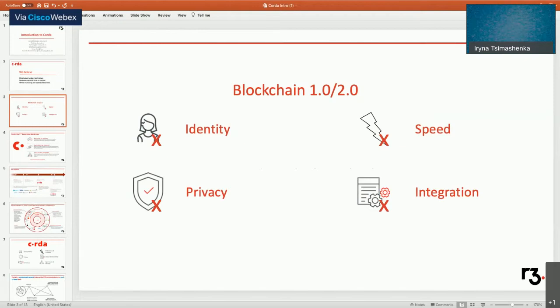Therefore, integration is important, and traditional blockchains are unable or very technically difficult to integrate with existing software systems. For example, it's difficult to integrate Ethereum because it uses a completely different language. And so developers have to write an integration layer that talks to a node via Web3.js.